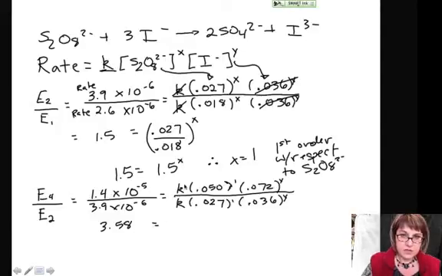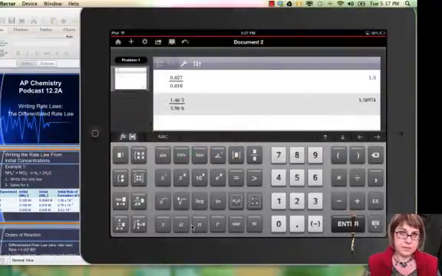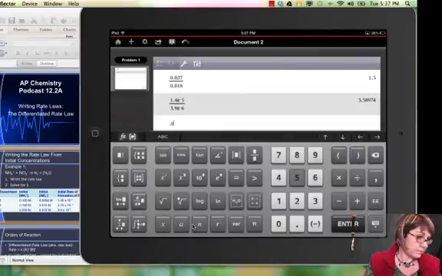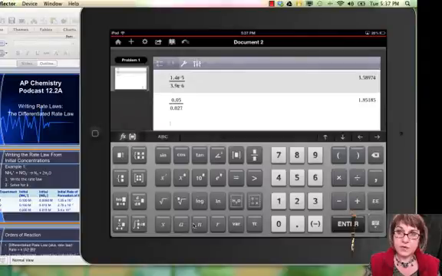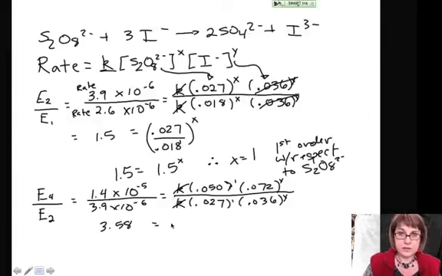And that's equal to, cancel out K. Let's do this math, 0.05 divided by 0.027. 1.85-ish. So we'll, of course, keep the values in our calculator and don't worry about the rest.